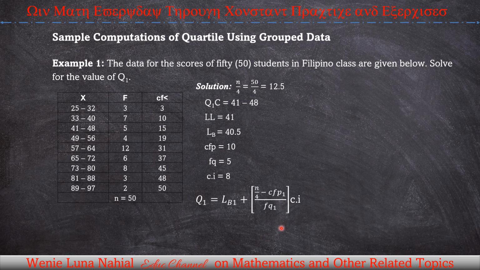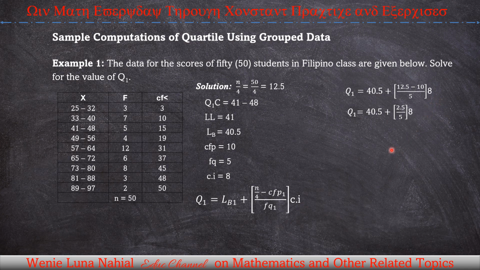Then use this formula. All you have to do is substitute. So substitute LB by 40.5, n over 4 by 12.5. Then the cumulative frequency before the quartile class, that is 10. Then the frequency of the quartile class is 5, and the class interval is 8.